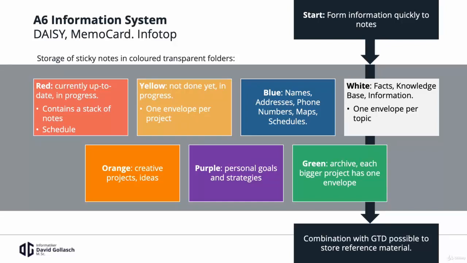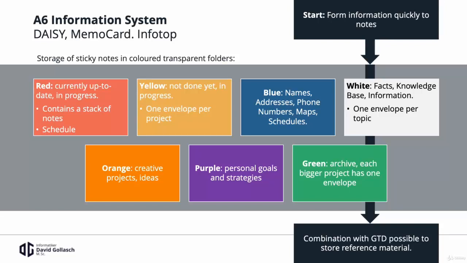So this folder contains a stack of different notes, and those notes should be in progress because they are your tasks. You as well can schedule your tasks then and take down onto those cards when you plan to do this, when you plan to fulfill the task.